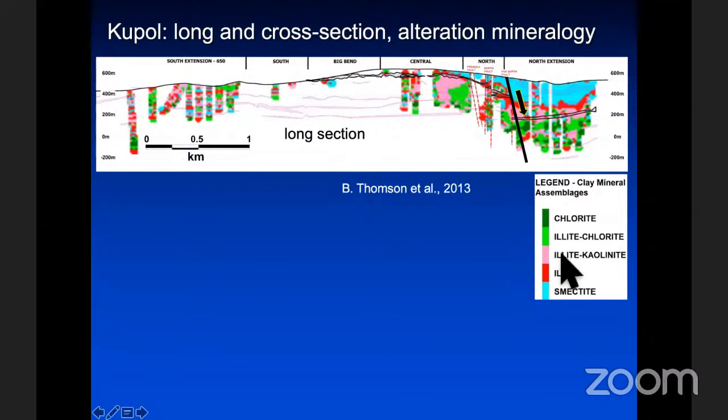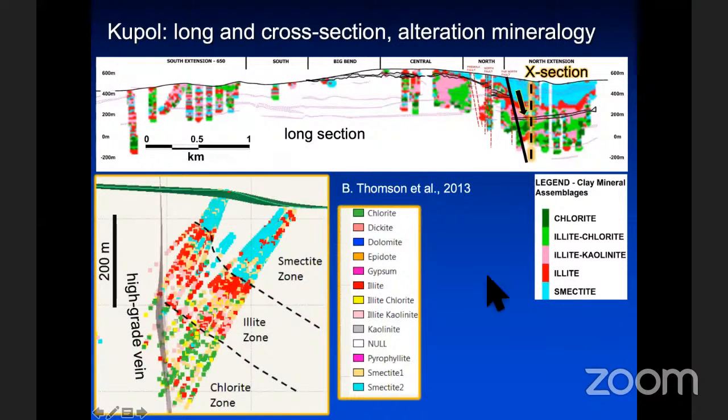So this pink color, and a cross section here, we have illite kaolinite. So this kaolinite here is very common in intermediate sulfidation systems. It's very different from the kaolinite, alunite, and residual quartz of high sulfidation systems. It's very important to make that distinction for exploration.